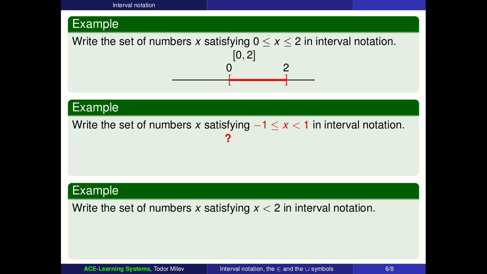Let's do another example. Let's write the set of all numbers x satisfying the inequalities -1 less than or equal to x less than 1. So let's see how that works.